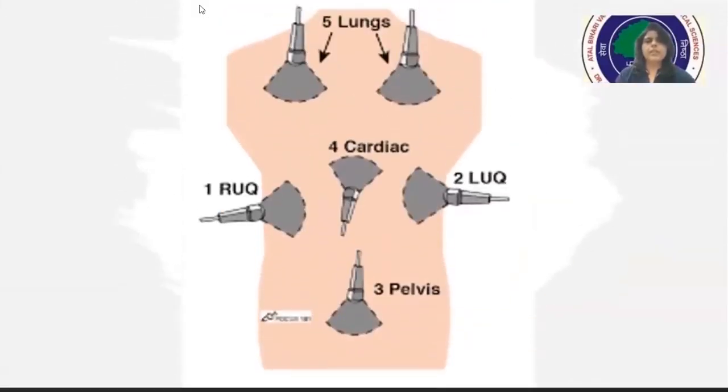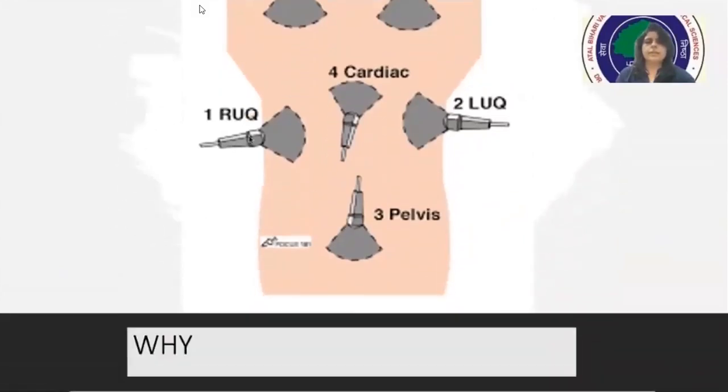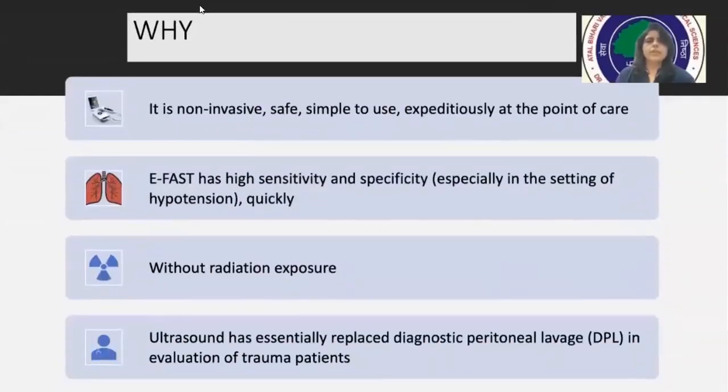Conventionally, what we do, it was in a trauma patient to have an expeditious diagnosis. Ultrasound scanning is done in the right upper quadrant, left upper quadrant, cardiac and pelvis region. However, in eFAST, the anterior and lateral part of the chest is scanned.